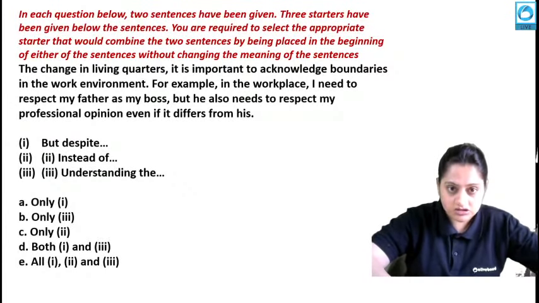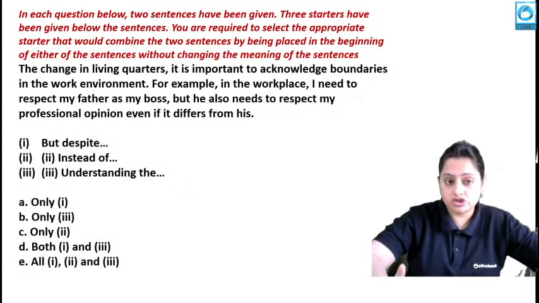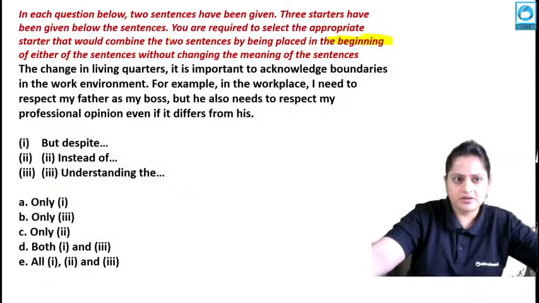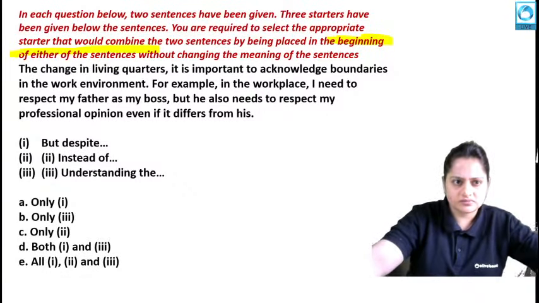Next one. We have another question, guys. Same pattern, starter question. Try this. At the beginning of the sentence.